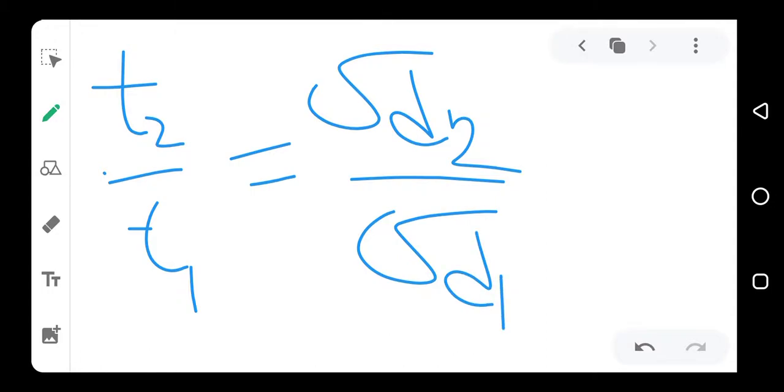Just any three of these parameters will be given to us and then we are asked to look for the fourth parameter.